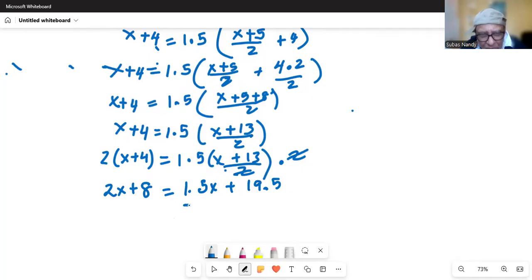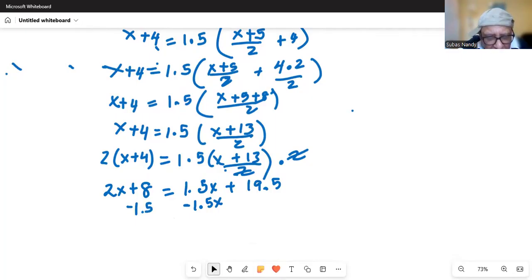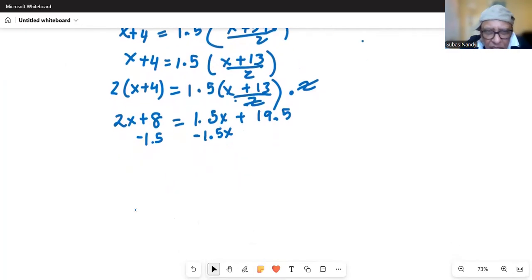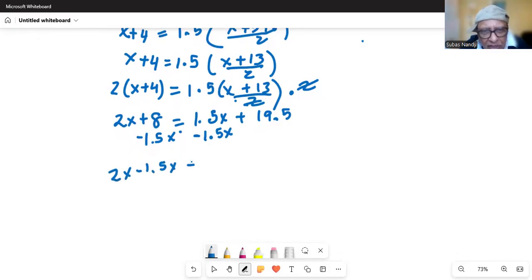Now I will subtract 1.5x on both sides. So I have 2x minus 1.5x plus 8 is equal to 1.5x, and the 1.5x terms cancel, leaving 19.5.